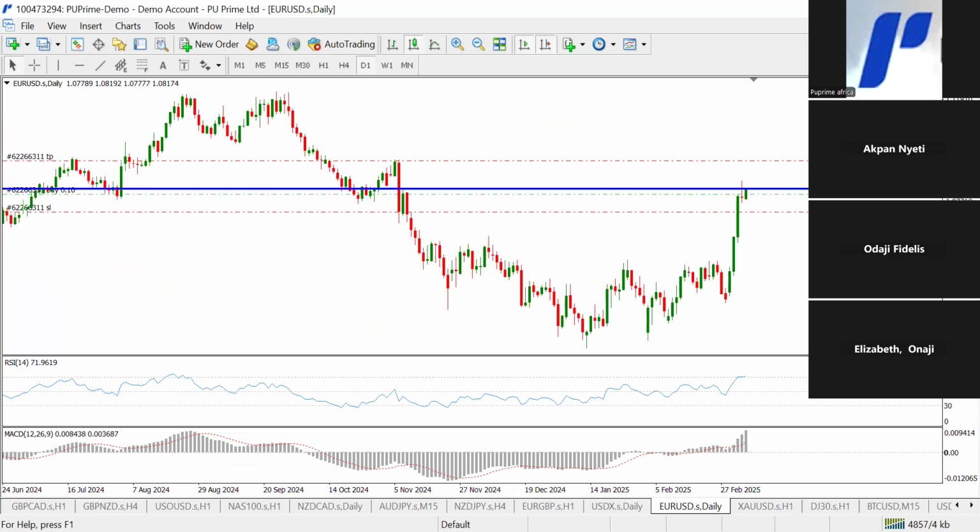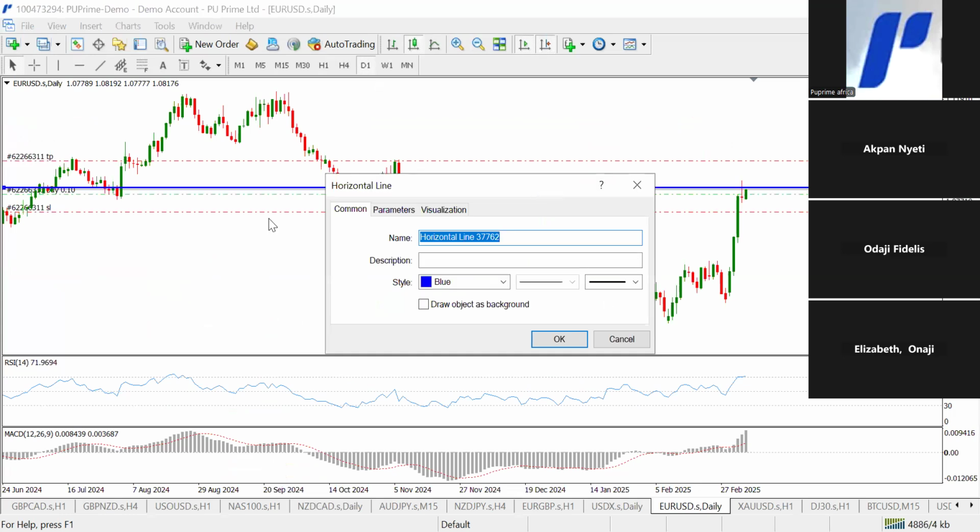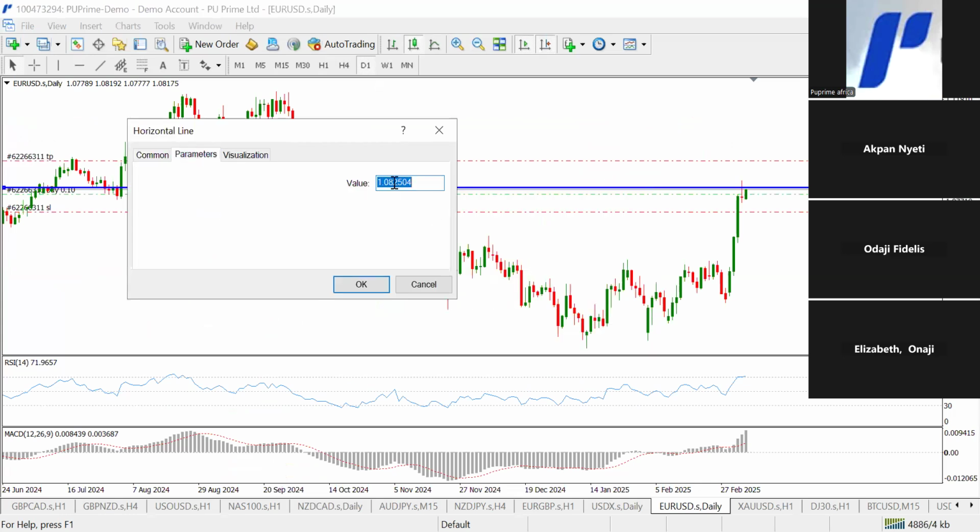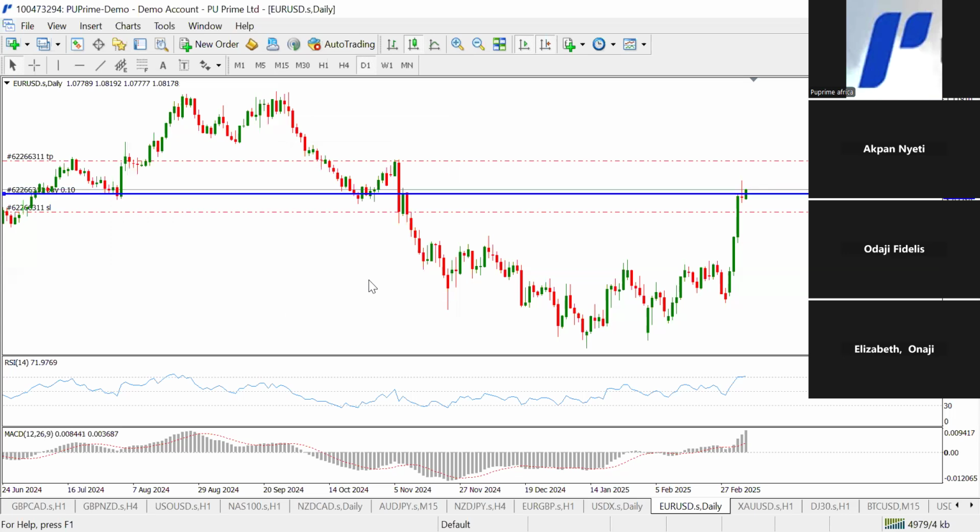I want to prompt the reversal at 1.08. Okay, this is 1.0800.